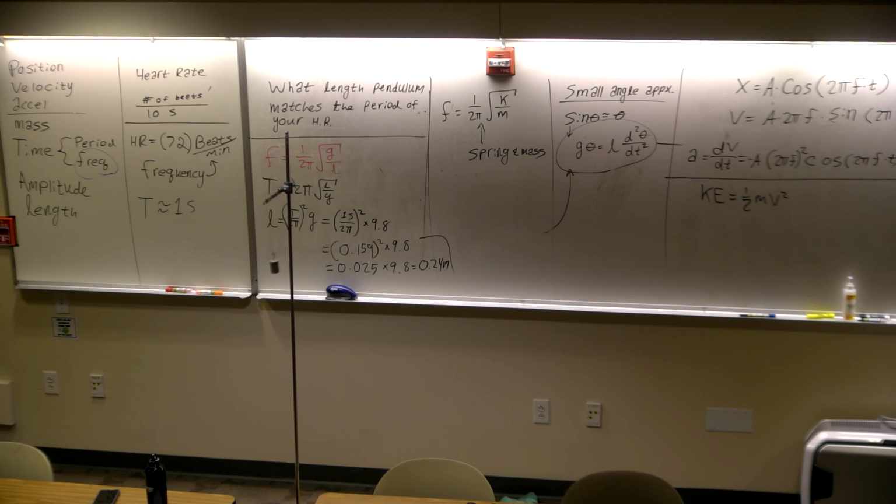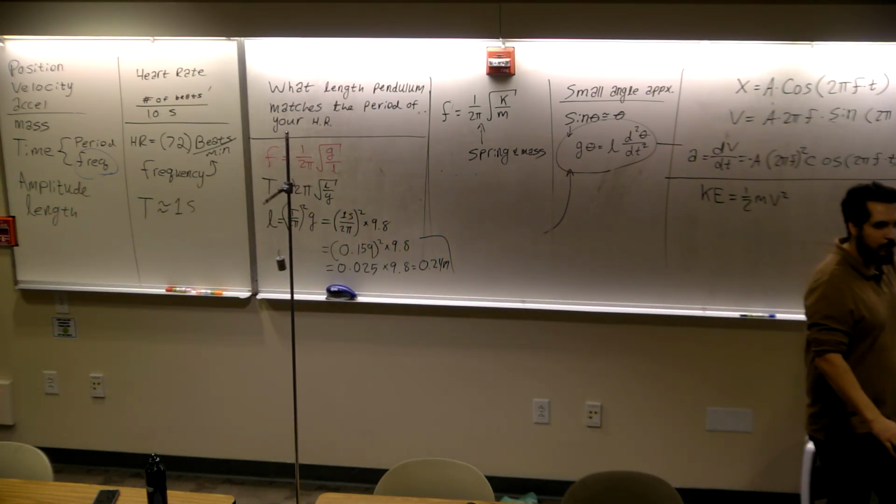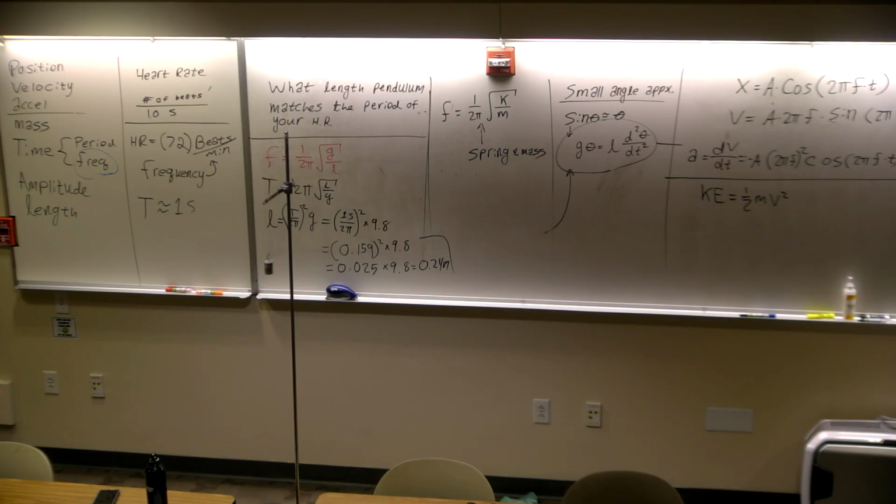So the question becomes, did we get about a 1 second period? Yes? Wonderful. That means that all of the math that we just did to get this very abstract equation ends up working out. The theory matches up with the experiment, and that's always a good sign.